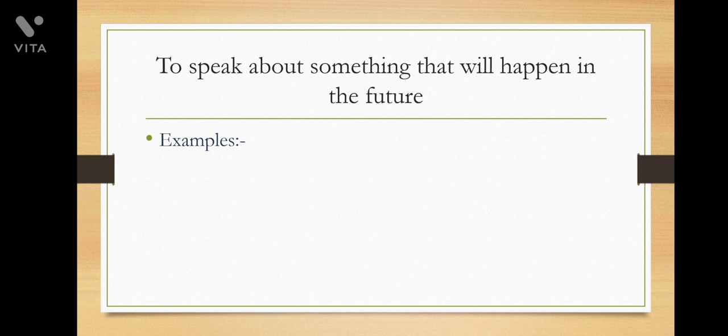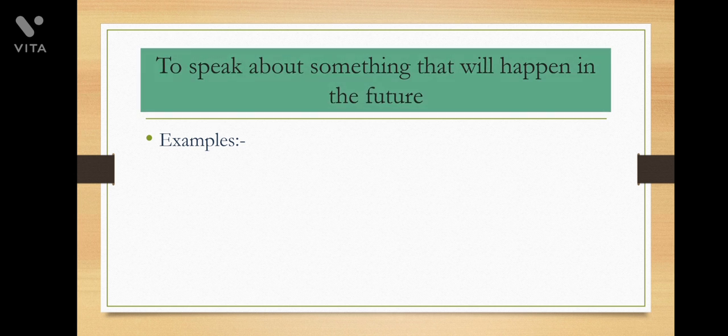We also use it to speak about something that will happen in the future. Here we are not talking about the future as such, we are just predicting, speaking about things that are going to happen in the future.